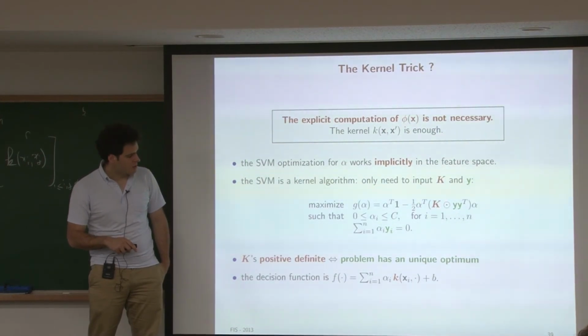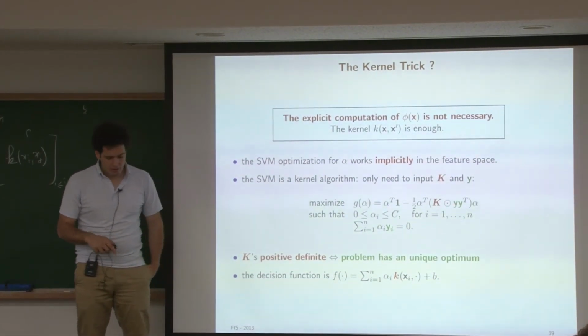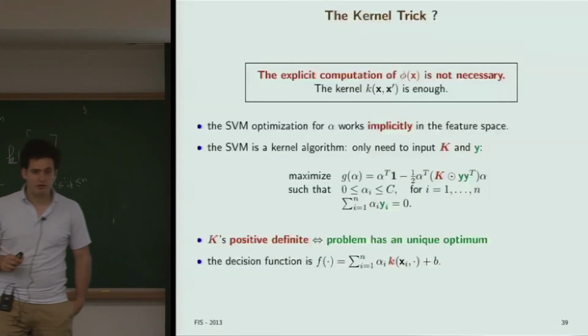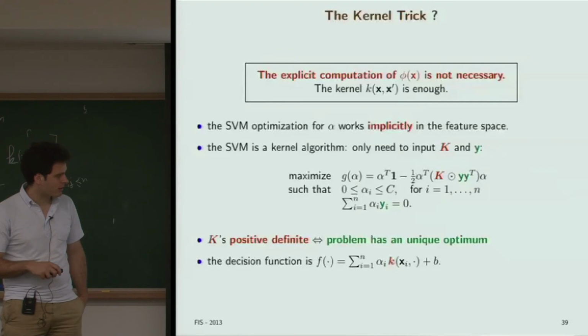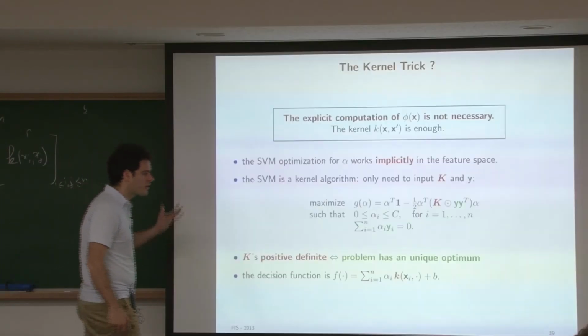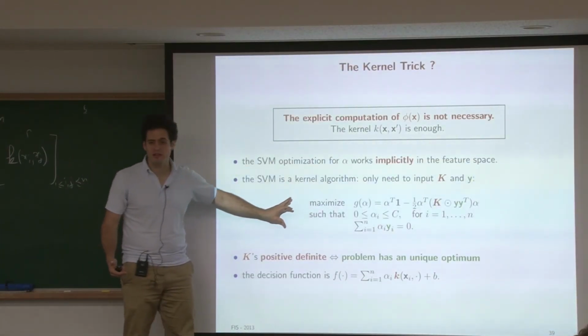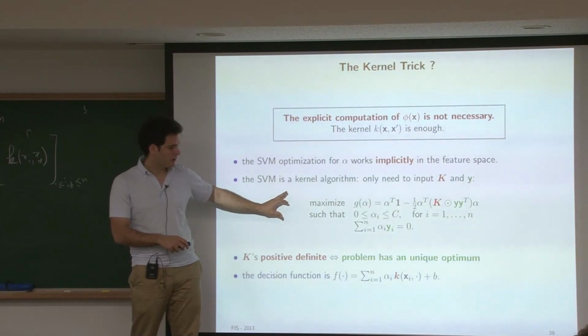So this is Schur's or Hadamard's product. It's just the element-wise product of two matrices. And so my dual becomes this problem here. And so if you look again at the dual, it only depends on two things: the matrix of dot products and the labels.